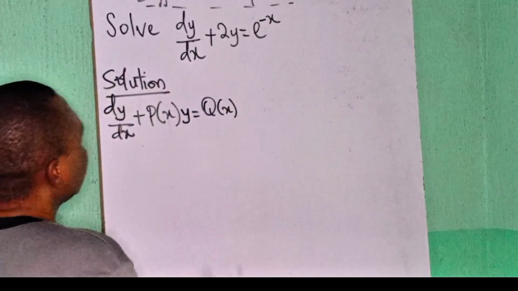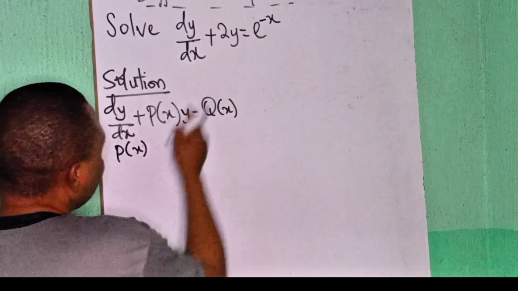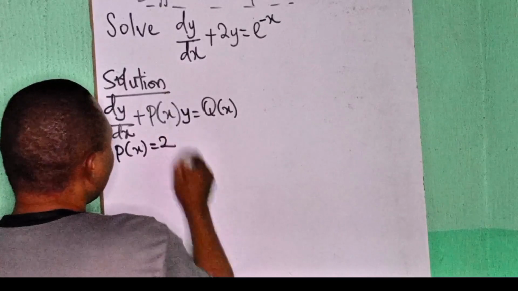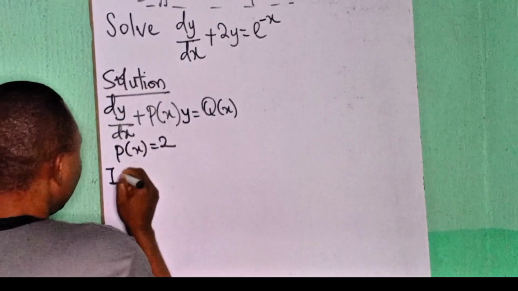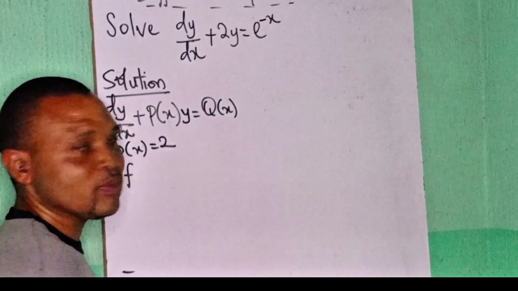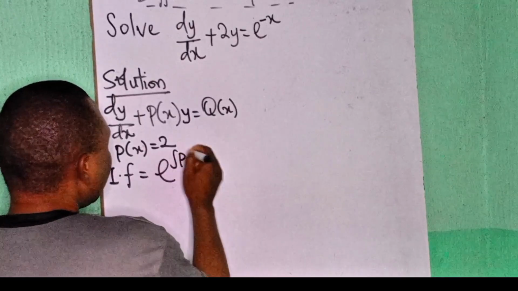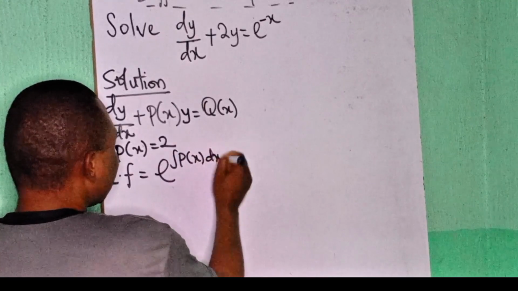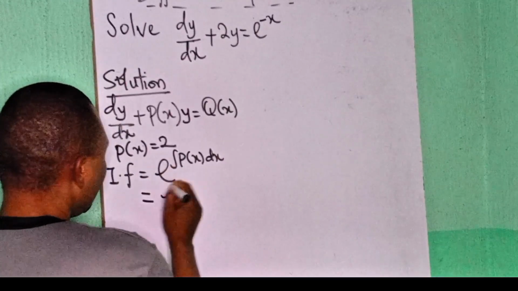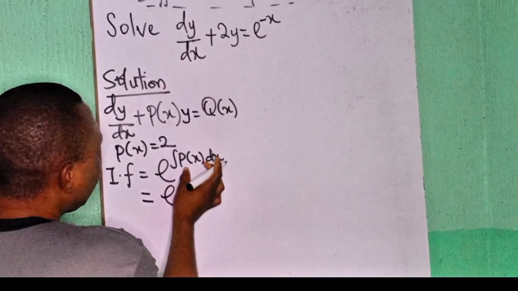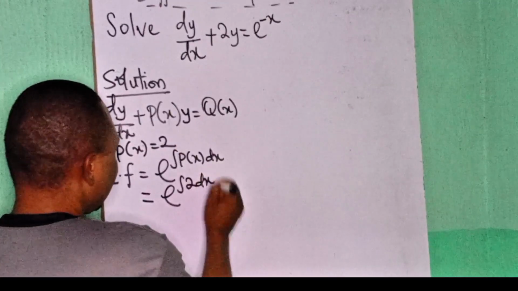Now, from here, my p as a function of x is equal to 2. All right, so my integrating factor is now equal to e to the integral of p as a function of x dx. From here this is equal to e to the integral of 2 dx.